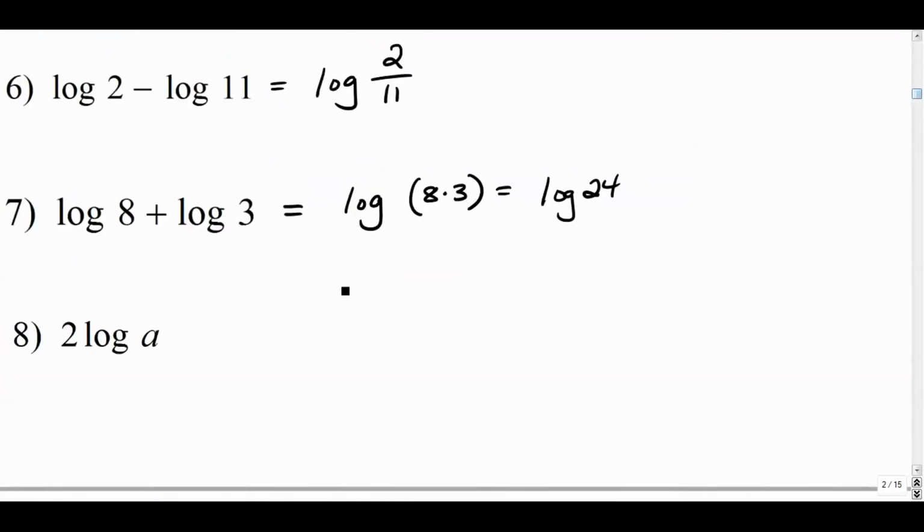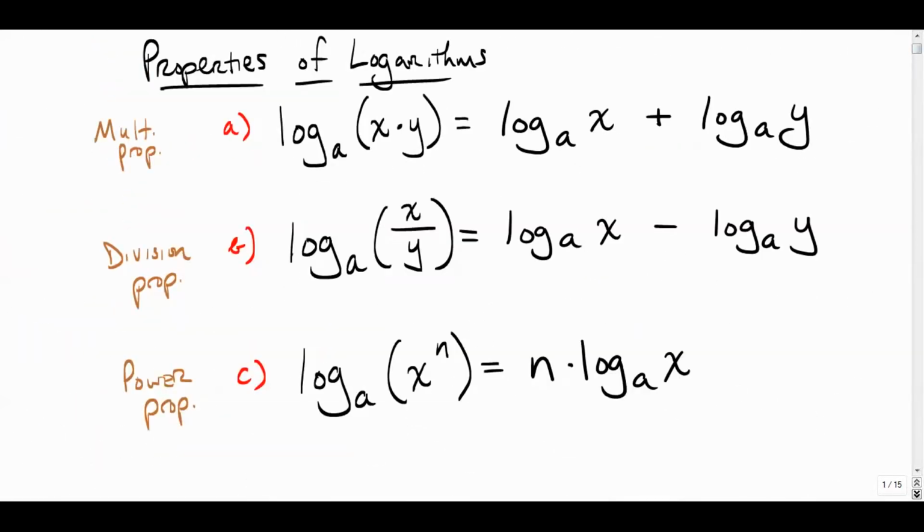Number 8 is, just like number 5 was, log a. I'm going to take that 2 and I'm going to move it up here. That's all I'm doing. Alright, so learning how to work in both directions here, going this way and going this way, is important.